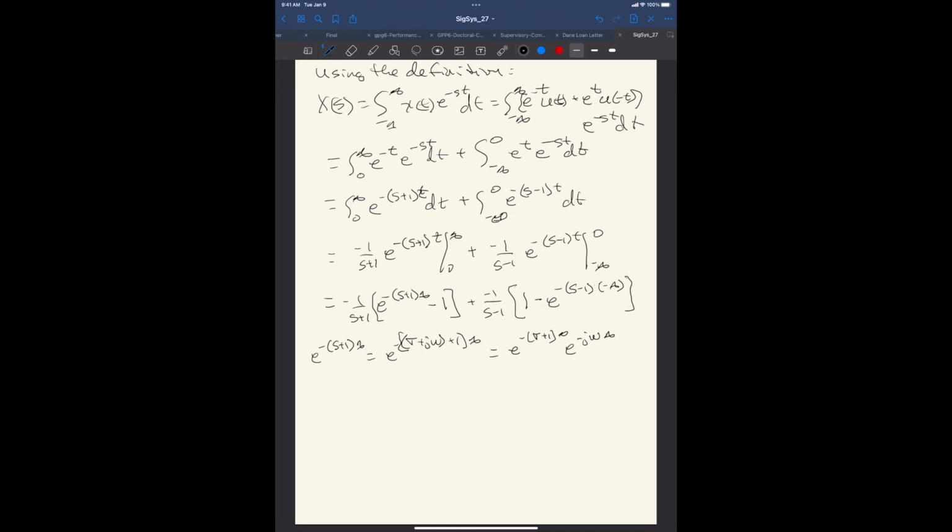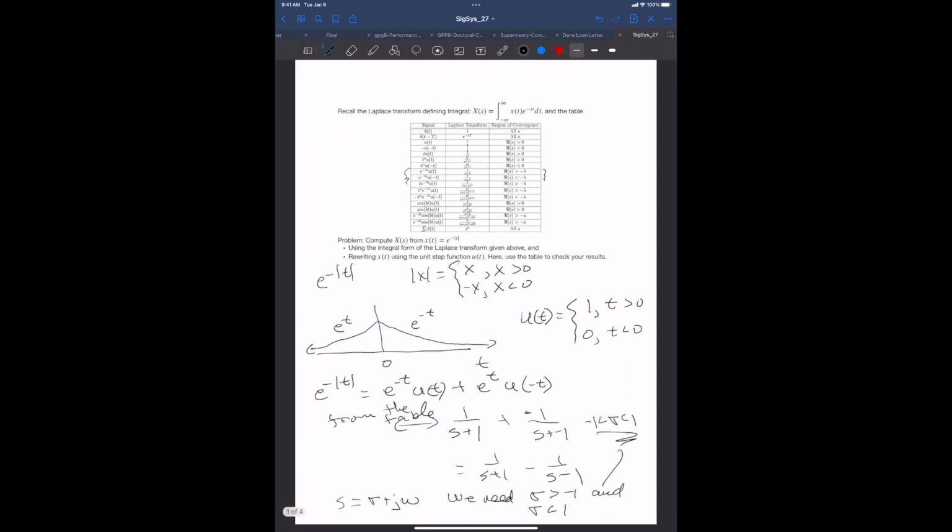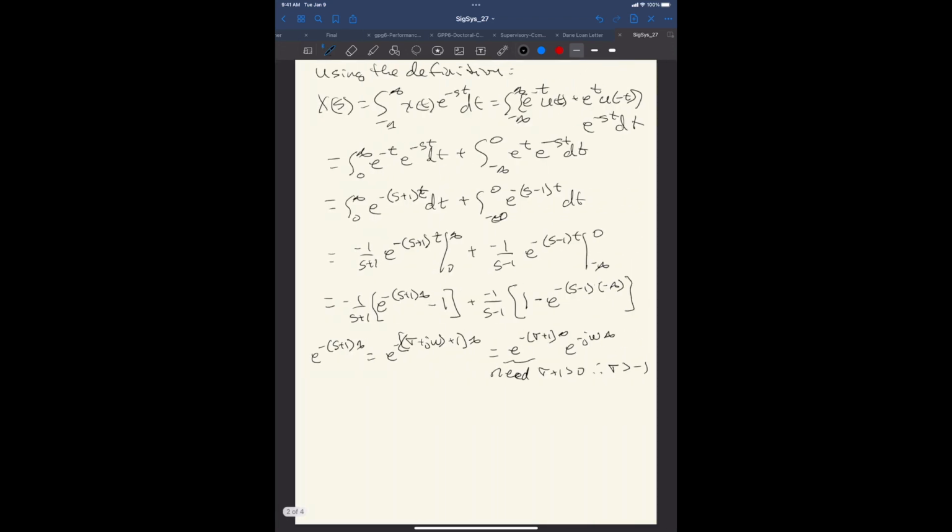And so I need sigma plus 1 to be greater than 0, right? So that means I need sigma greater than minus 1, which is in fact exactly the top term here at the bottom. And when that's true, that term then goes to 0 and is gone.